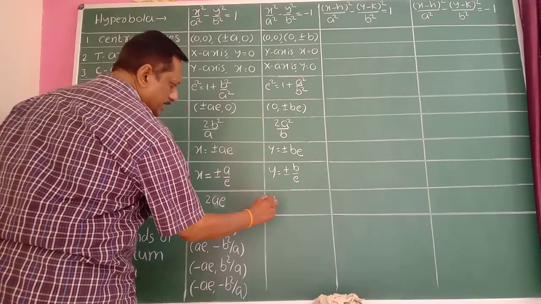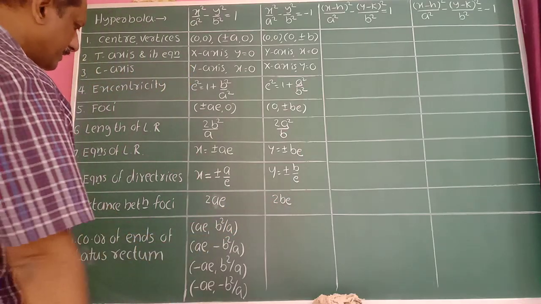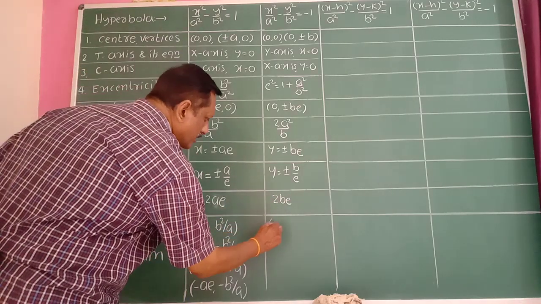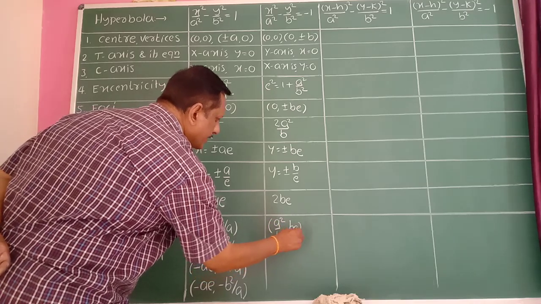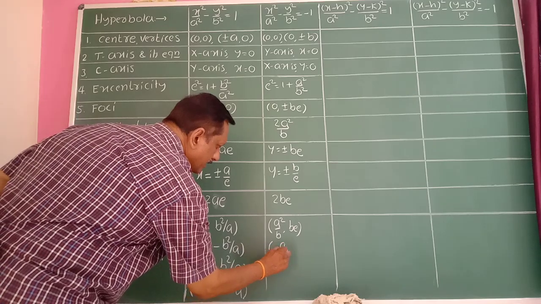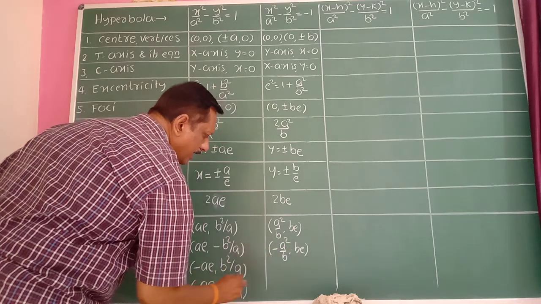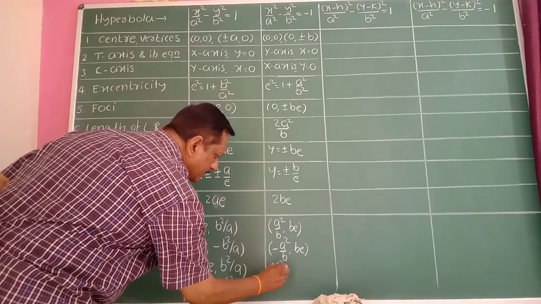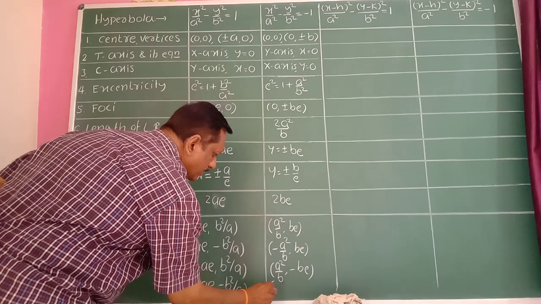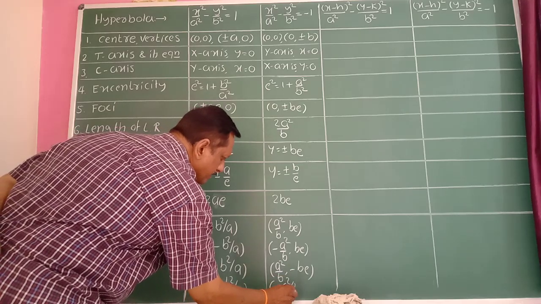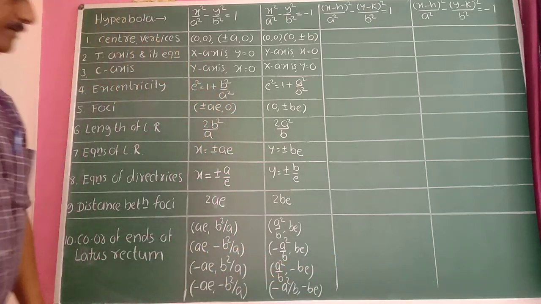Distance between the foci is 2be, and the coordinates of the ends of the latus rectum: first quadrant, a squared divided by b comma b, and the second quadrant, minus a squared upon b comma b, and the fourth quadrant, a squared divided by b comma minus b, and the third quadrant, minus a squared by b comma minus b.